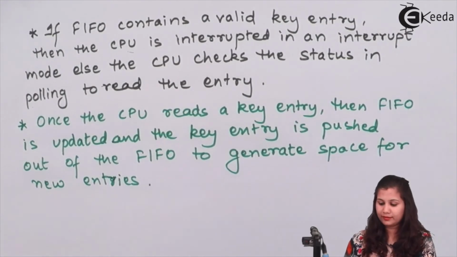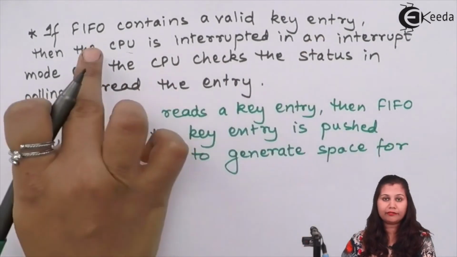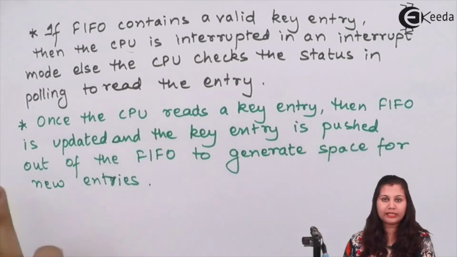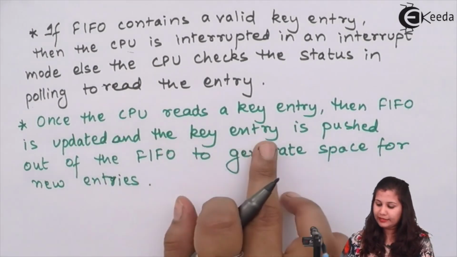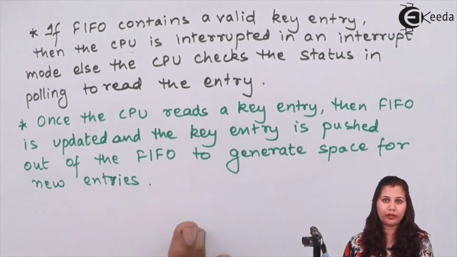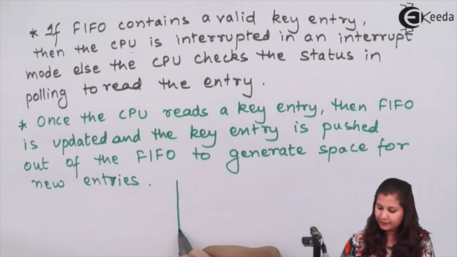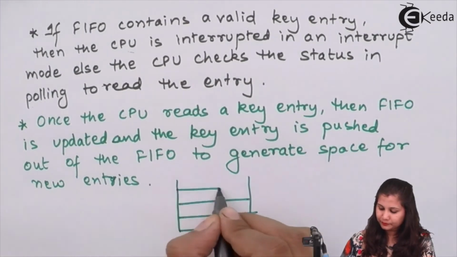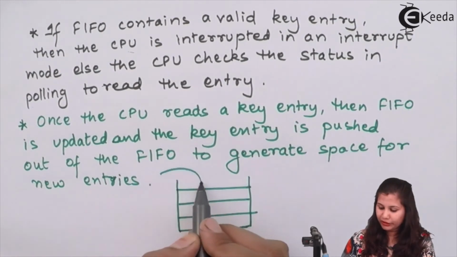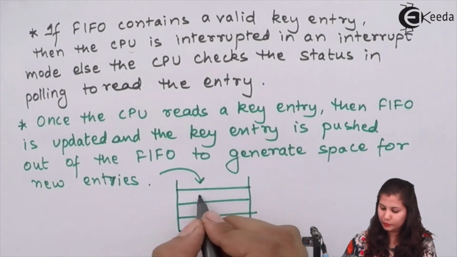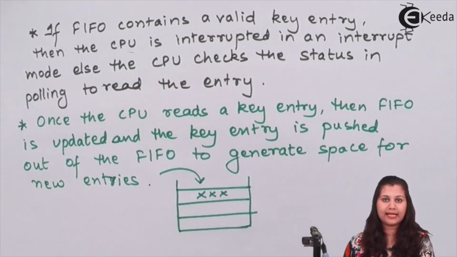Now, once the entry in the FIFO is read by the CPU, the FIFO is updated and the key entry is pushed out of the FIFO to generate space for new entries. Suppose this is the FIFO RAM, and in this FIFO the information about the key which is pressed is stored. Suppose this information is XXS.